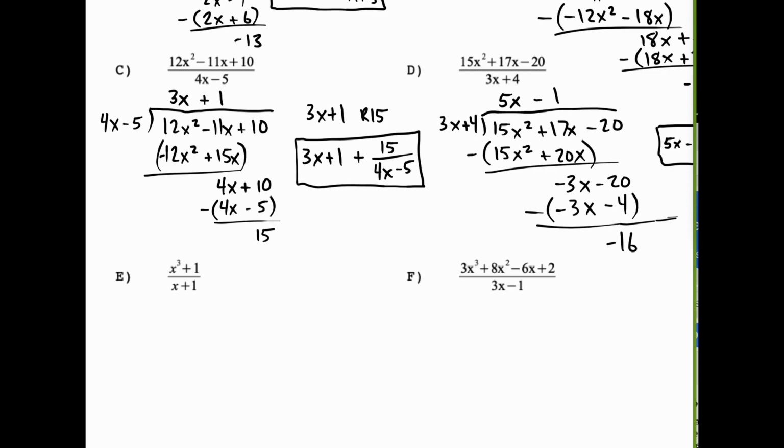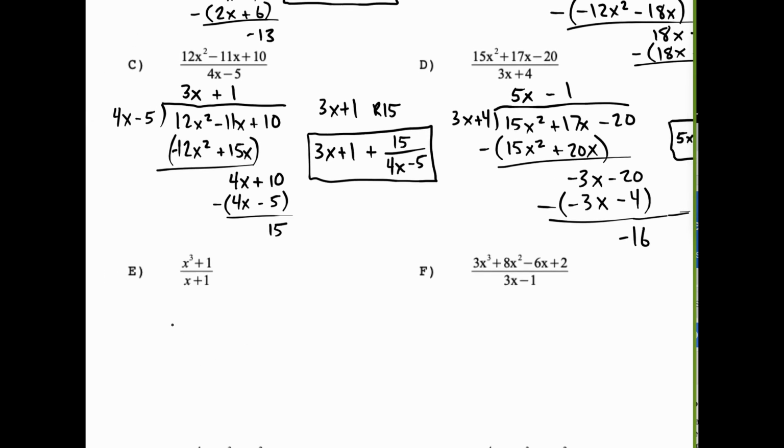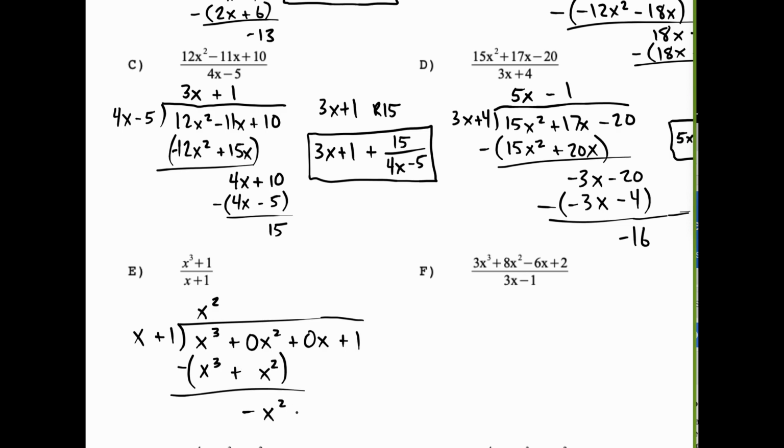Okay, let's see how you did here. Copy down the problem. We want to fill in for the x squared term and fill in for the x term. X plus 1 goes on the outside. First I'll multiply by x squared. Bring down the 0x.